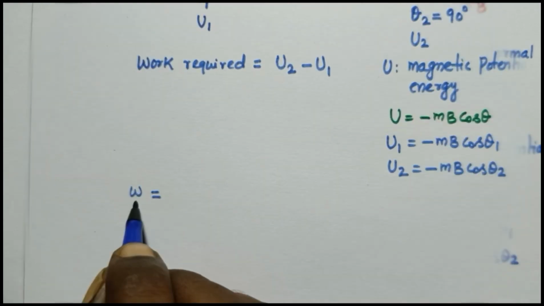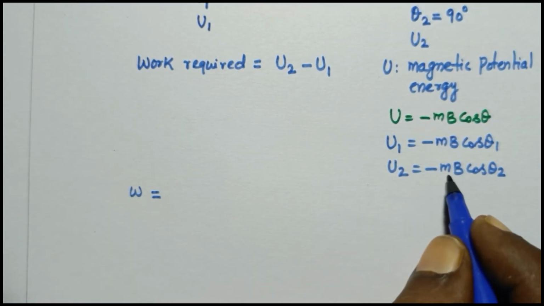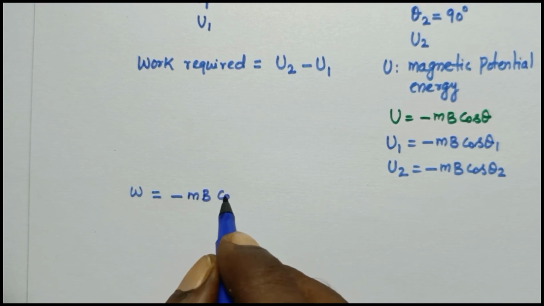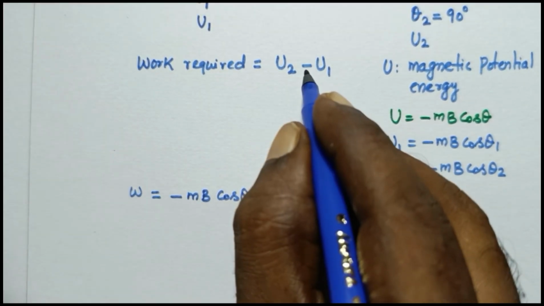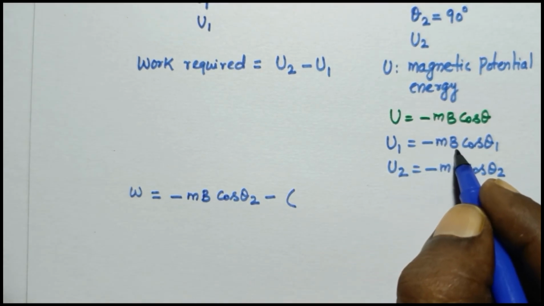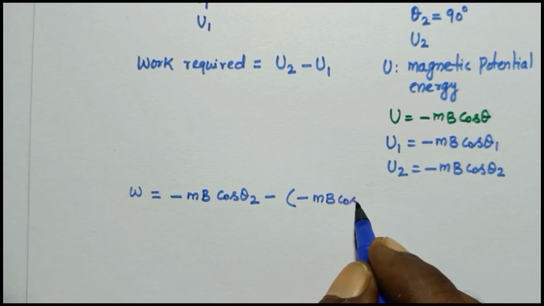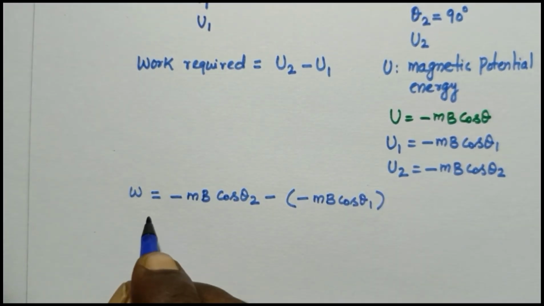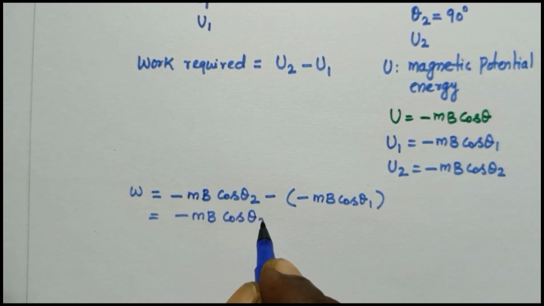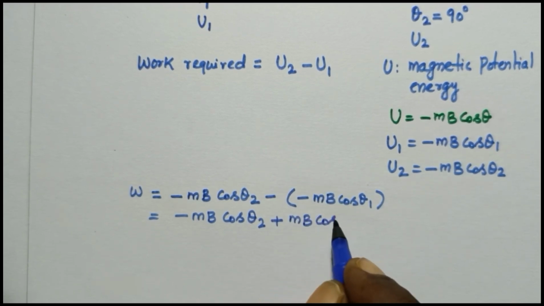Therefore, the work required W is equal to U2 minus U1. U2 is minus MB cos theta 2, and U1 is minus MB cos theta 1. So this is equal to minus MB cos theta 2 plus MB cos theta 1.